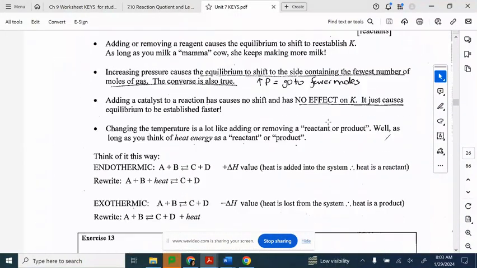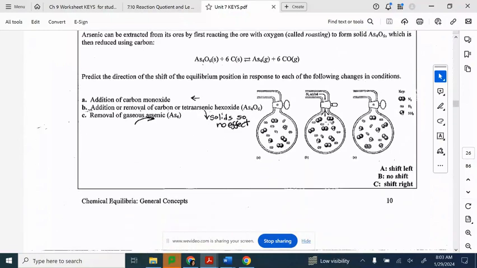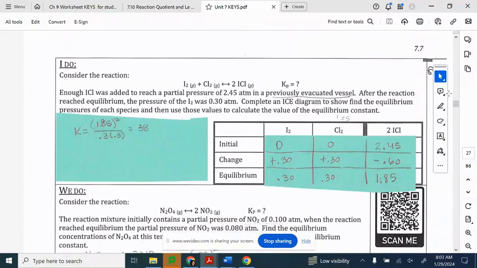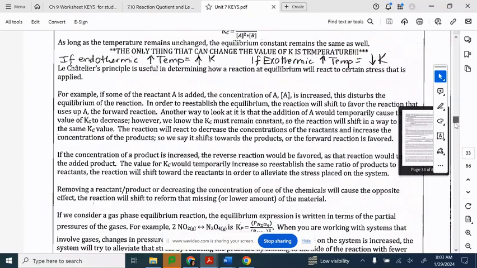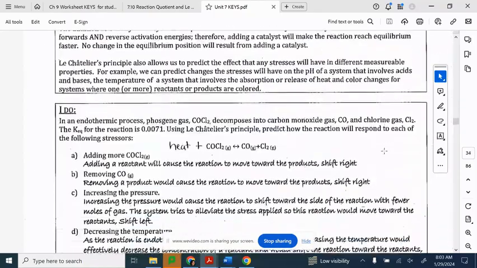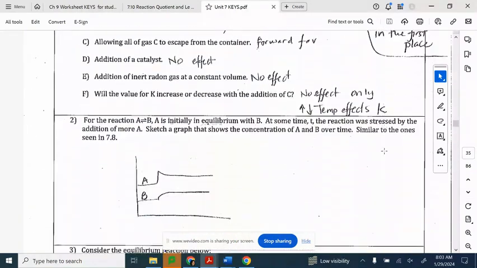Where's 7.9? Am I at 7.9 yet? 7.7. Okay, what was the problem on 7.9? Number 6.